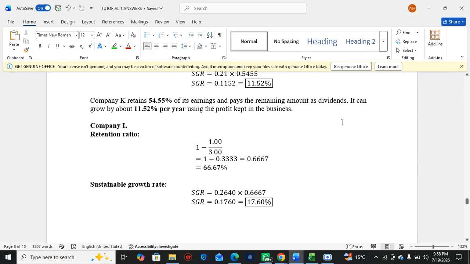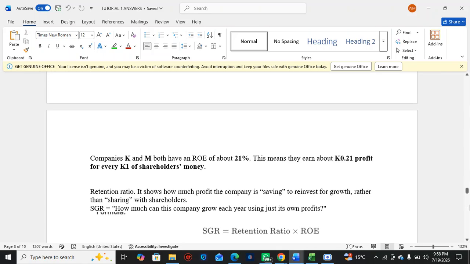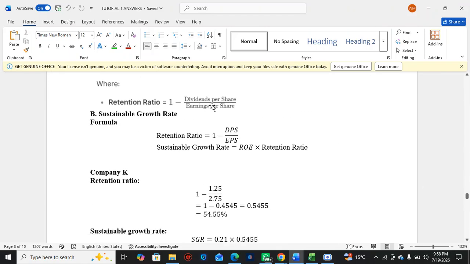I forgot to mention one thing. This dividend per share over earnings per share is the dividend payout ratio. It is how much is paid as dividends from the profit.